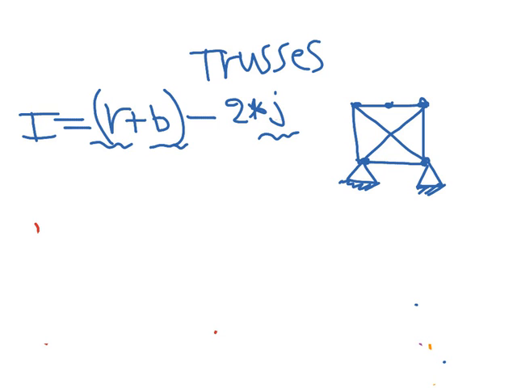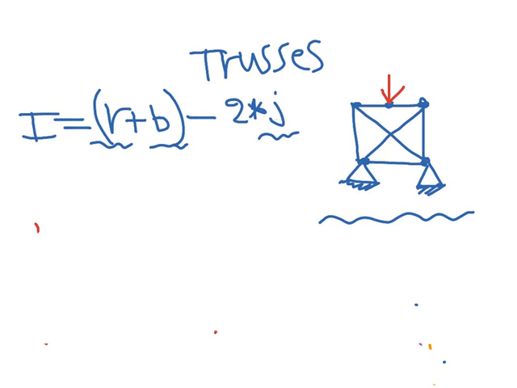Alright? Now, for a truss system, we have this example. The question is, is this a stable member or not? The answer is no, because if we have an external force in here, this is going to make a deflection. This is an unstable system. How do we make it stable?